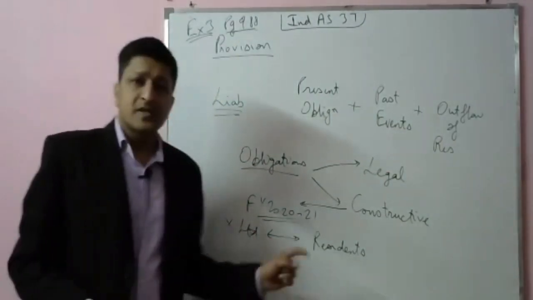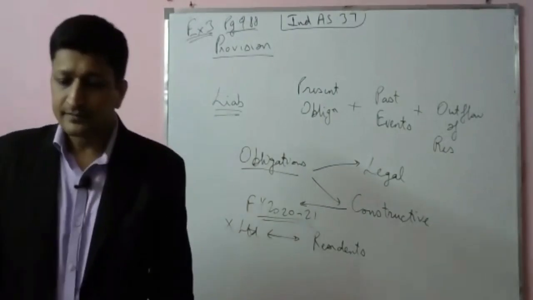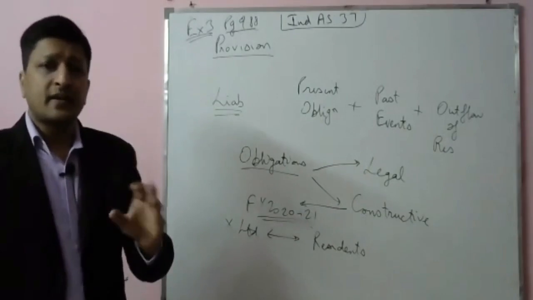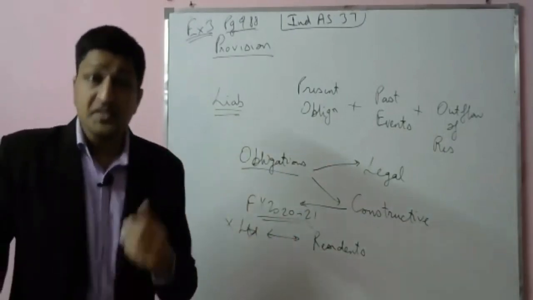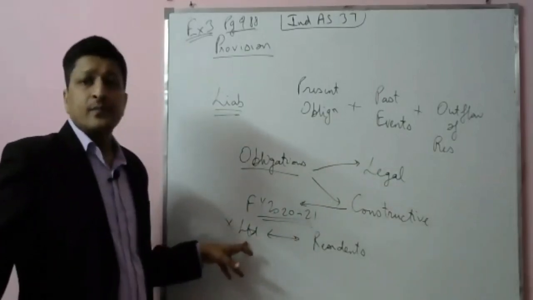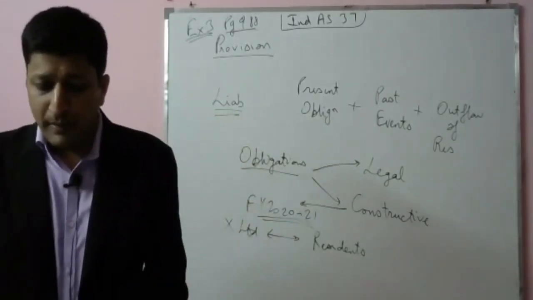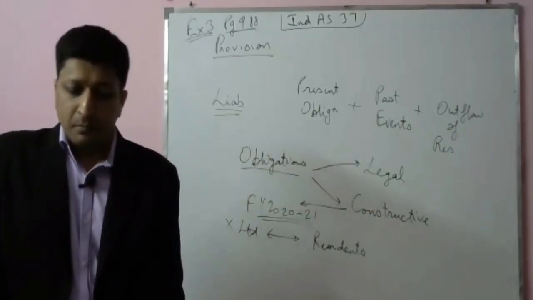Between these two persons, there is an understanding. If you see, there is no contract, no signed contract between the residents and X Limited. There is an understanding. What was the understanding? That X Limited will start reducing the water pollution. How? By installing an effluent treatment plant.